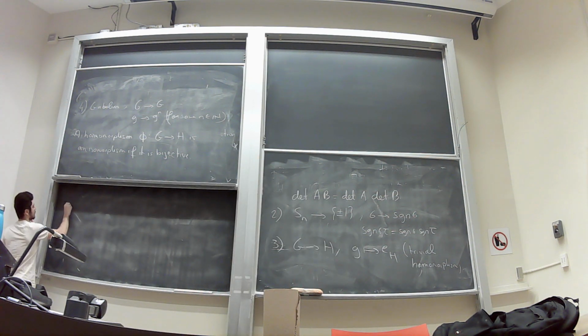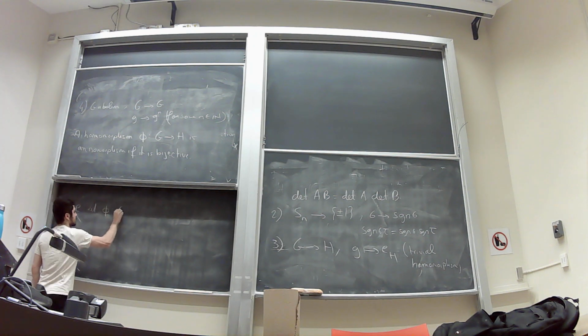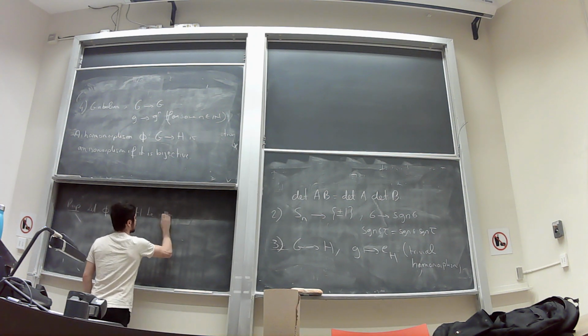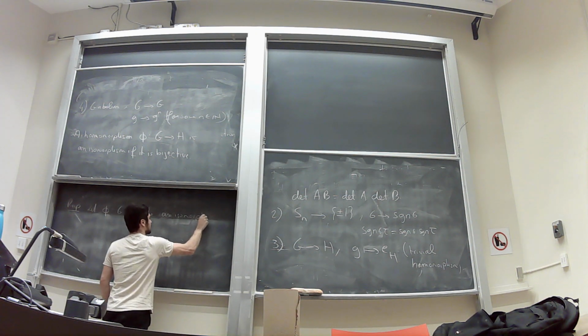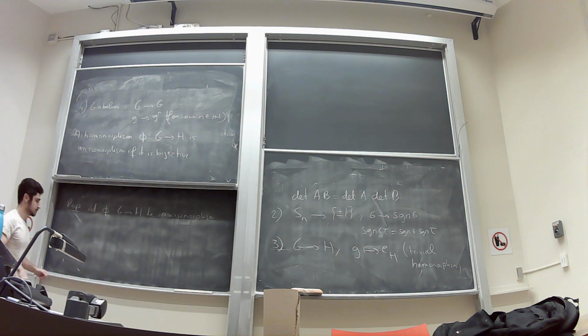Well, let's give some properties. Let phi from G to H be an isomorphism, so basically a bijective group homomorphism. What happens here?